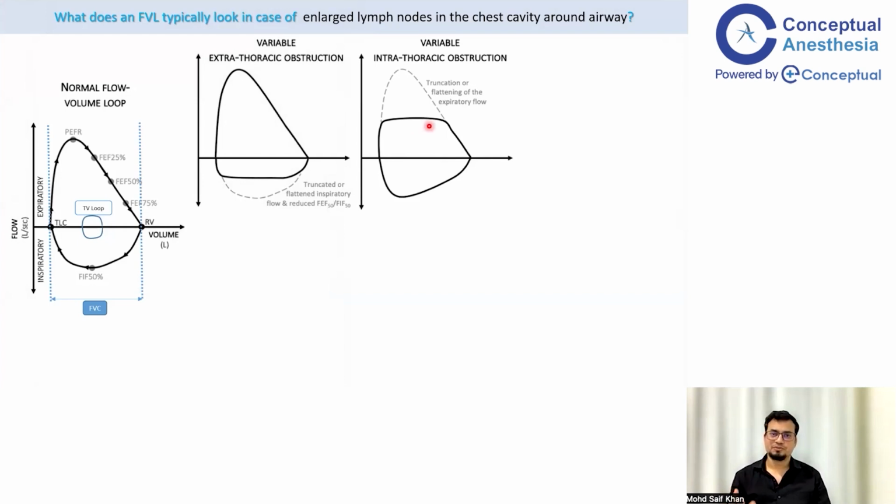It depends on how much obstruction, how much compression there is inside the thorax of the airway. It could be at the carina, it could be at the tracheal level. Okay. So there will be obstruction and the flow will be diminished. The expiratory flow will be diminished by more than 20 to 50%, as you can see here. But the inspiration will be completely normal. All right.